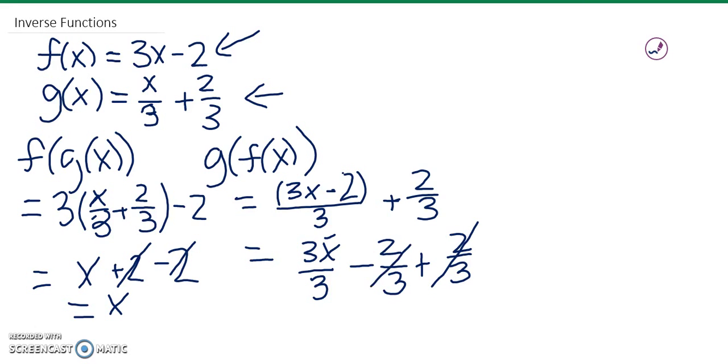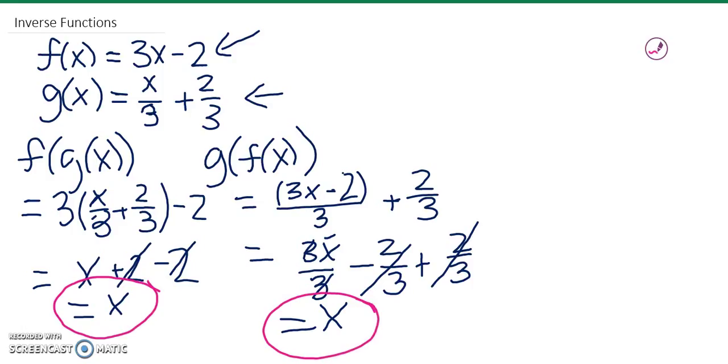Our 2/3 will cancel out. Our 3's will cancel out, and we will again be left with x. We can see here that when f of x was composed with g of x and g was composed with f of x, we had a result of x for both.